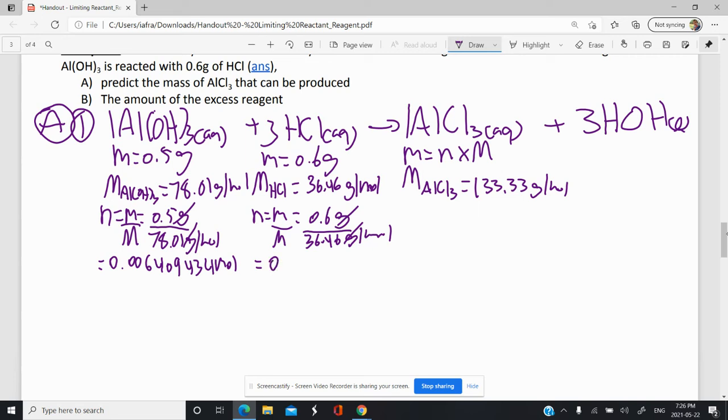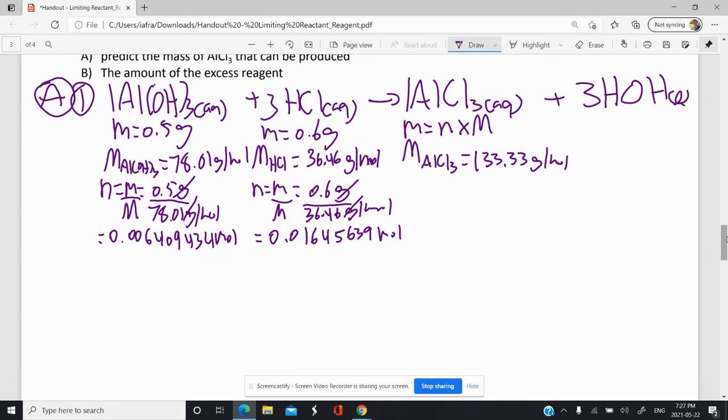And we get 0.0164563 moles. So now we have to compare these to see which one's limiting reagent. You cannot necessarily choose the smaller one because they react in a 1-to-3 ratio, so we have to double check which one it's going to be. So we can use any method we want. So let's determine the LR.